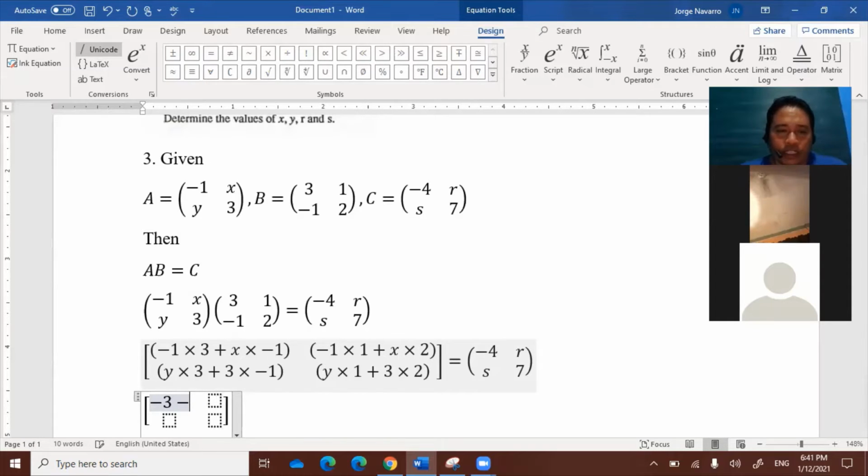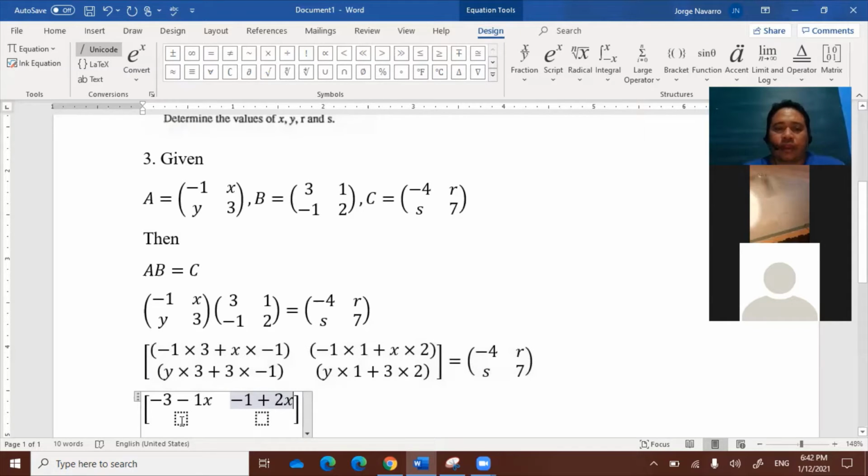So I'm going to change that positive to a -1x there, because remember, a positive times a negative is a negative. Then for the next one, -1 times 1 is obviously -1, plus x times 2, we call it 2x. Then we have y times 3, which we can call 3y. And 3 times -1, a positive times a negative again, gives me a negative, so that's -3.